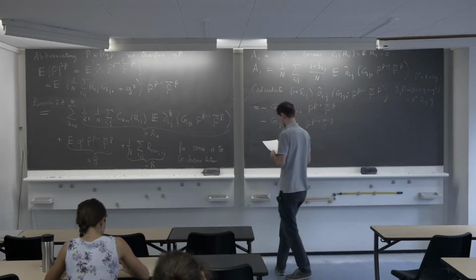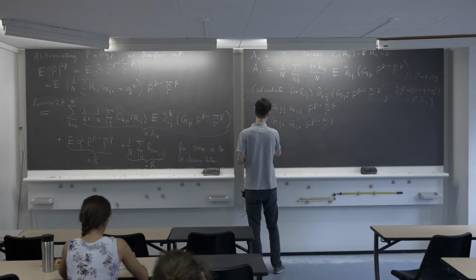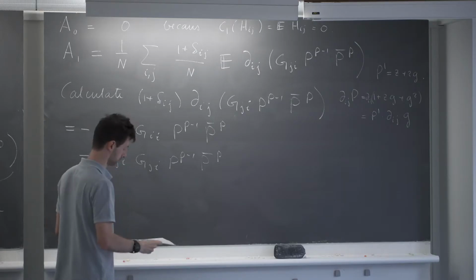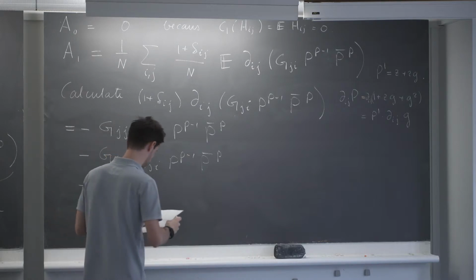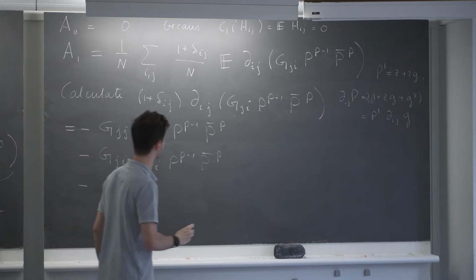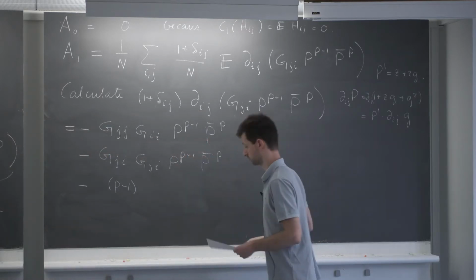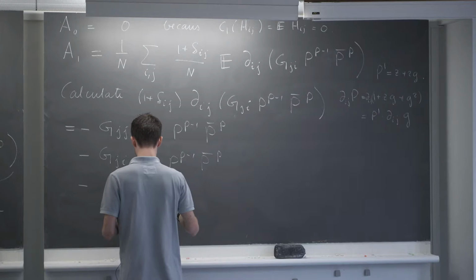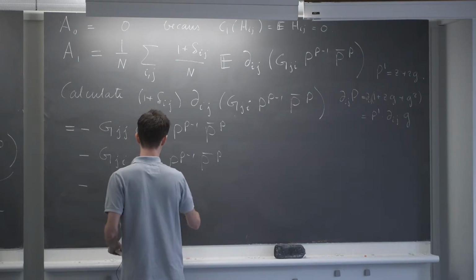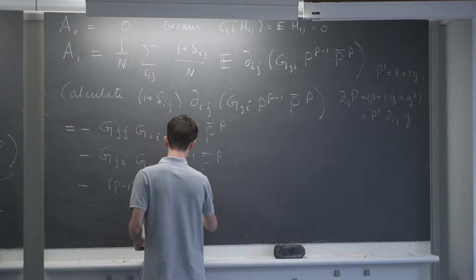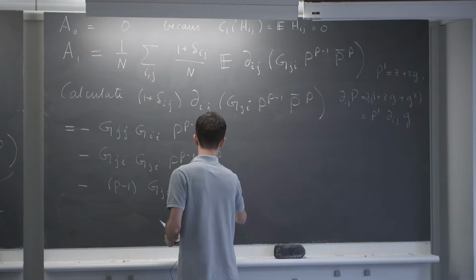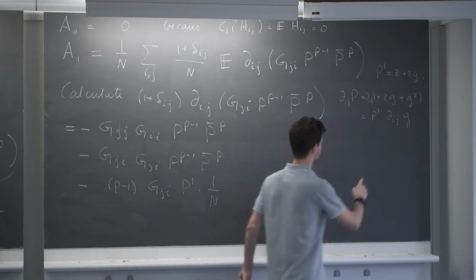So if I do that, I get minus. I have p minus 1 of these terms, right, so I get a p minus 1. And then I will have g_ji, which I did not touch. And then I have the p prime. And then I have a sum. How do I differentiate k?